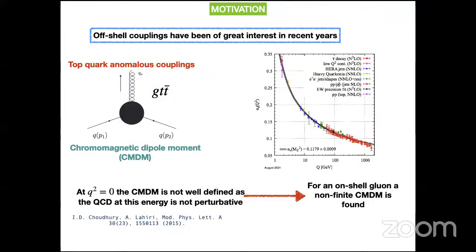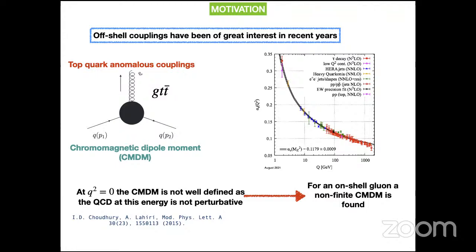Additionally, for an on-shell gluon, a non-finite chromomagnetic dipole moment is found. So it is very problematic because it is supposed to be observable, and this observable must be finite, right?